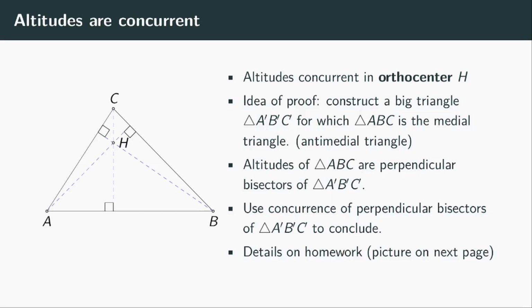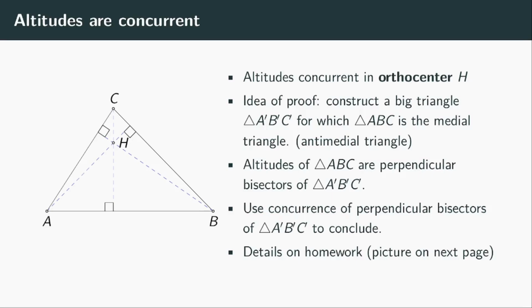Okay, and the idea of the proof is to piggyback off of the homework that you did this past week, in the week 11 homework, where what we do is we construct a big triangle, and I'm going to call it A prime, B prime, C prime, and we want the big triangle to have ABC as its medial triangle. So this A prime, B prime, C prime is sometimes called the antimedial triangle.